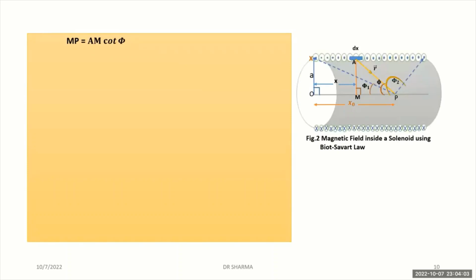Now from the figure, MP is equal to AM cot phi. MP is this length, the total length x naught minus x, and that x naught is fixed or constant. So the derivative of x naught will be 0.